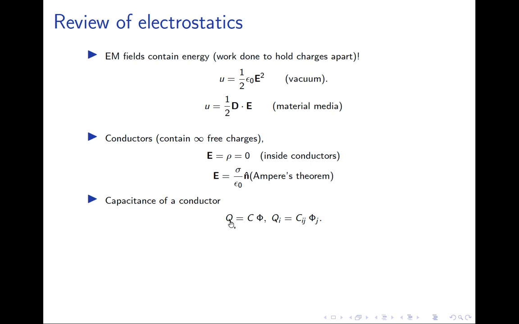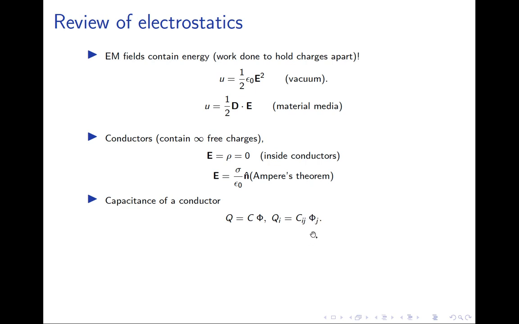This is a slightly special case with one conductor, sometimes called a capacitor or a condenser. However, usually when we look at such setups, we have a bunch of conductors. So let me denote them by indices i and j. i runs from 1 to n, let's say. So we have a bunch of conductors which are held at different potentials phi_j.